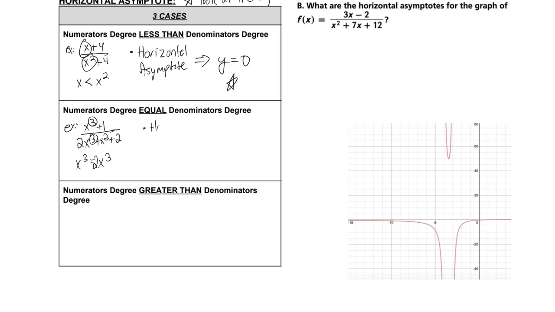So the horizontal asymptote is equal to the ratio of the leading coefficients.